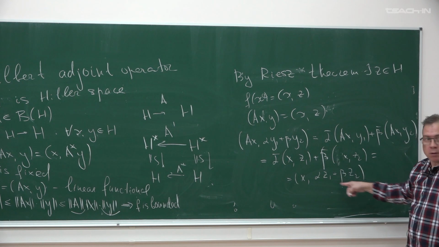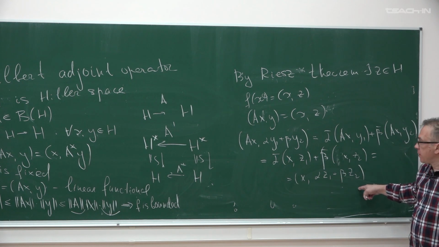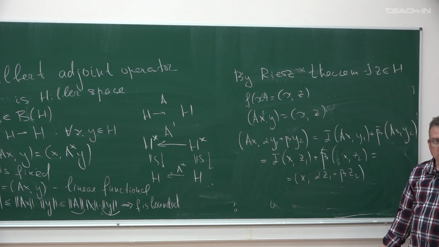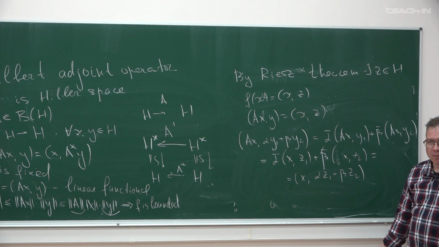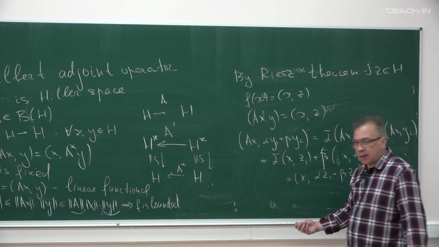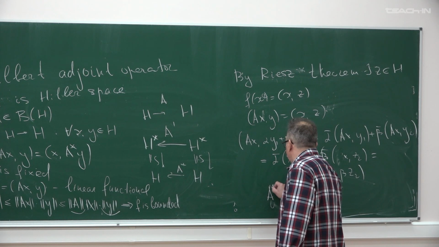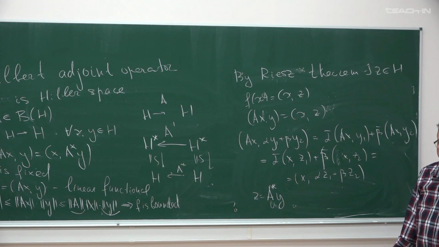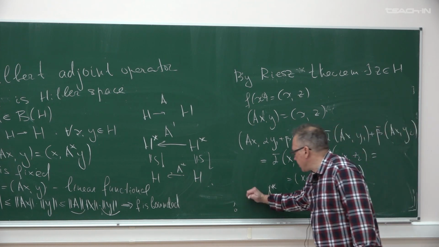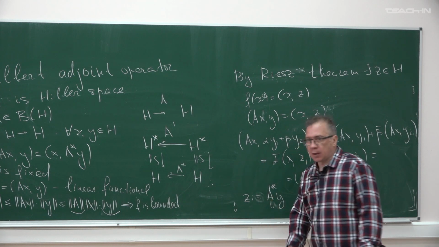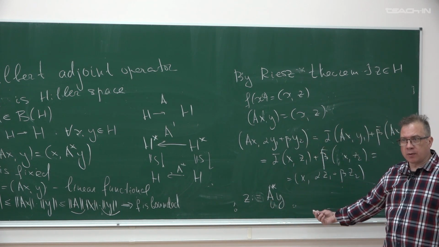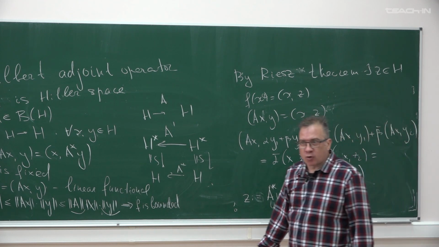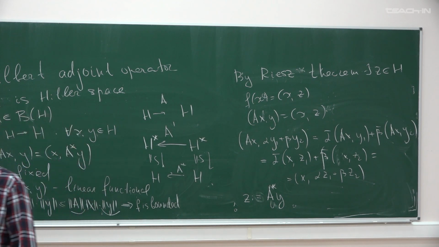This calculation is clear. So we immediately obtain that linear combinations of y's correspond to linear combinations of z's. So it means that this is a linear operator, and we define it as z equals A star y. We defined this linear dependence of z on y in the following way. And we just showed that it is bounded.